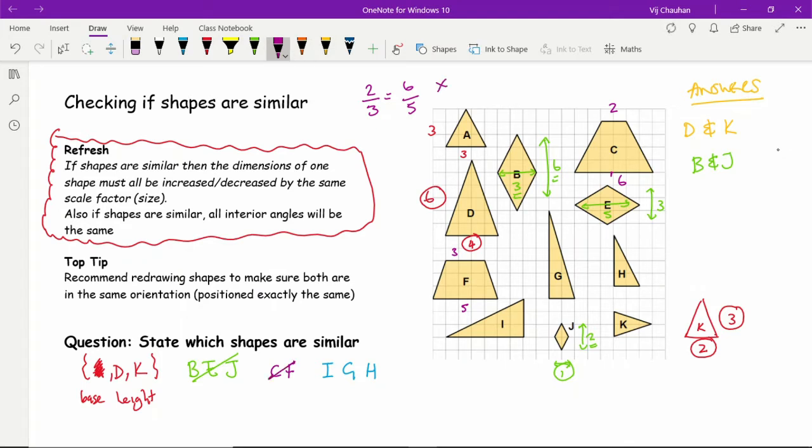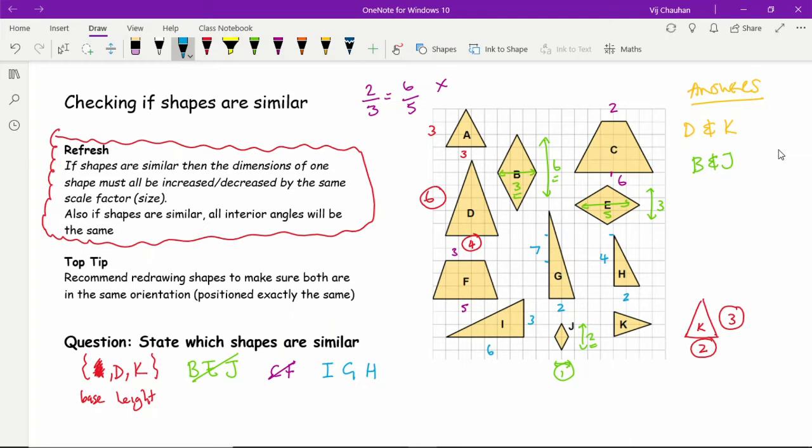So then we move on to our last shape, which is I, G and H. So again, looking at I, I'm looking at the smaller side being 3 and the length of that being 6. I've got 2 and I'm going to have 4. And for G, I've got 2 and I'm going to have 7.